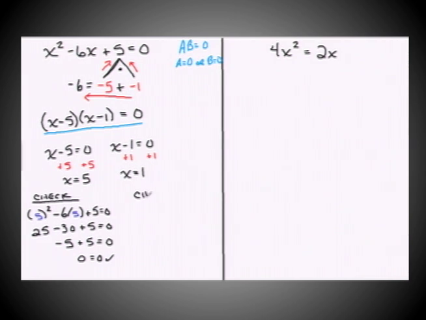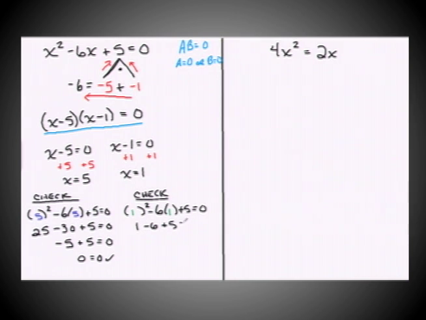And now let's check 1. So once again, I have x being squared and negative 6 times x plus 5 equaling 0. I come back this time and plug in 1 to check that one out. 1 squared is 1. Negative 6 times 1 is negative 6.